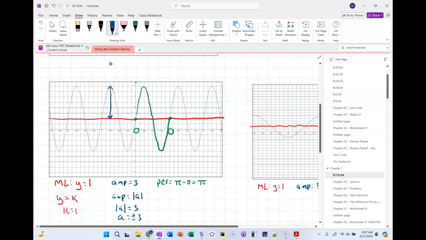Now, we need to make a decision about whether we think this is positive 3 or negative 3. It'll depend a little bit on whether I want to be writing a sine function or a cosine function. In general, I'm going to look at the point at 0.